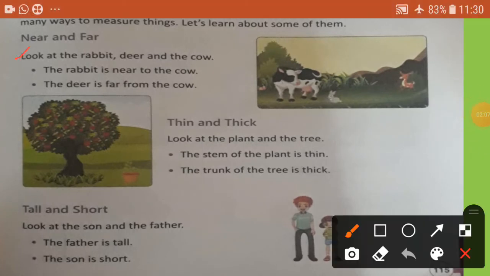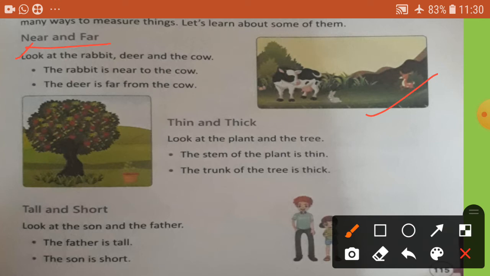First, children, learn near and far. Right side picture you see. Everyone follow me.